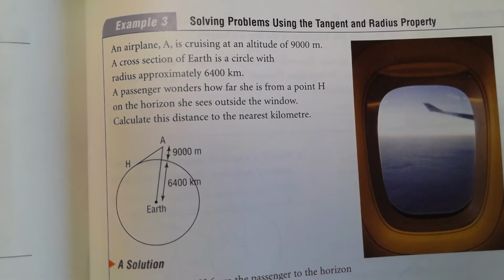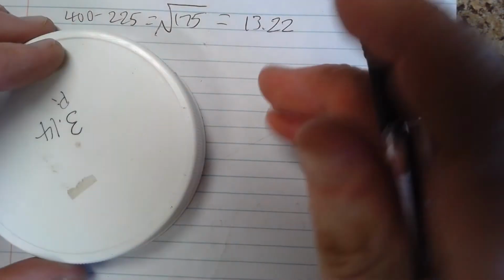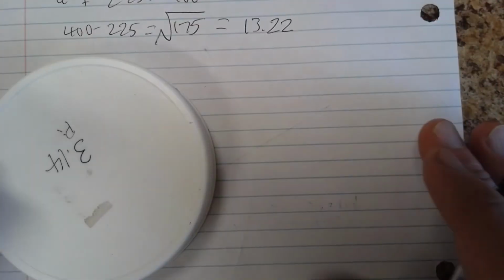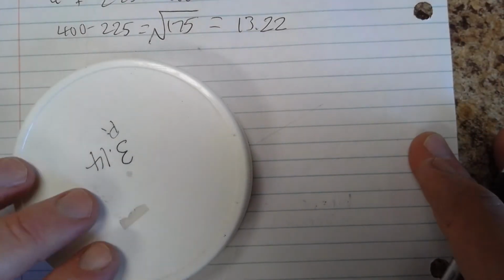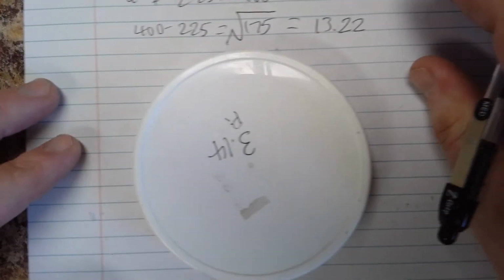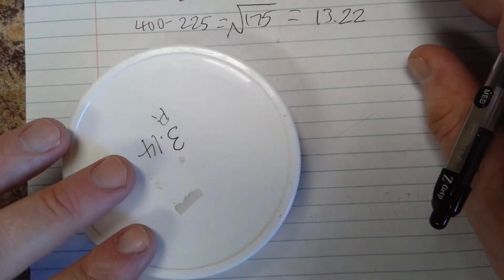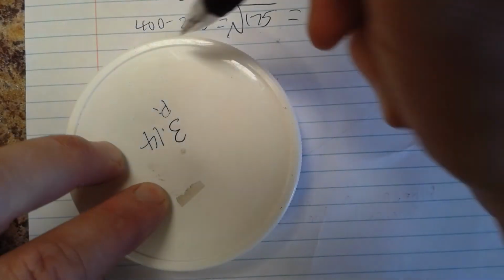Calculate this distance to the nearest kilometer. I think we'll do this example by making a sketch. Make the circle over here, and then we'll do the math beside it. Let's get the full circle on the page here, folks.